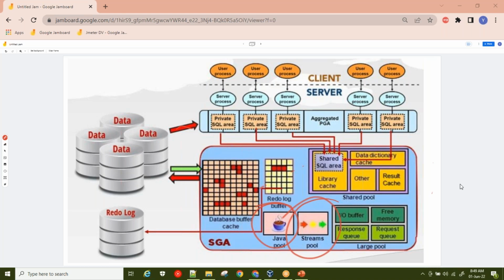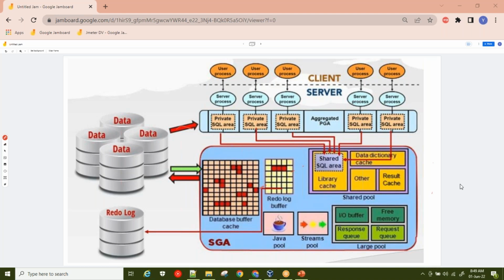We can't control that much, so we are not looking at it for now. So that's regarding the components. And there is a large pool also. Again, it's not that important for us to know what it is, because we can't control these things, so we are not looking into it. It's a high-end DBA concept.